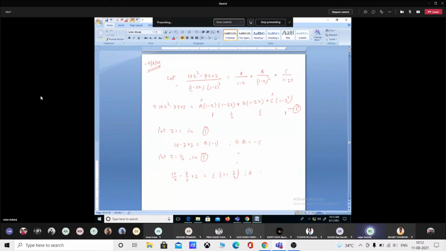So it is 4, okay, 10 minus 14 plus 8, so it is 4 by 4 and minus 4 by minus 3 is equal to c into 3 by 4.